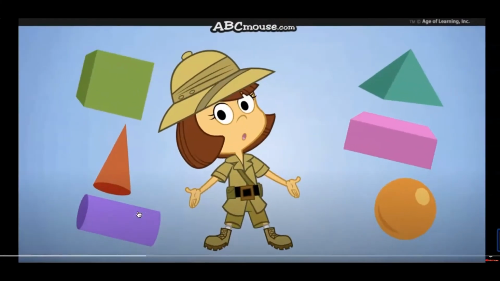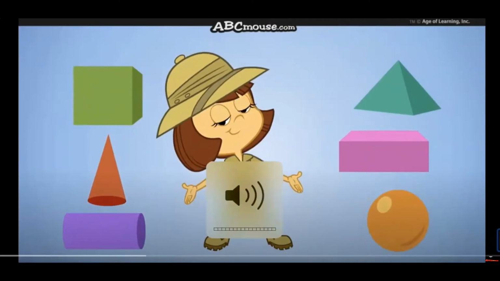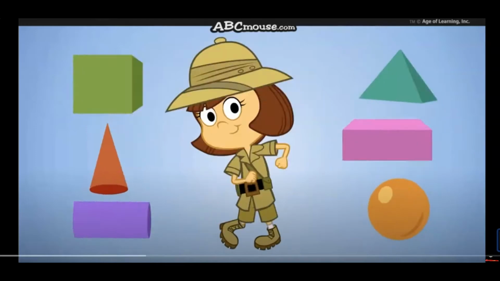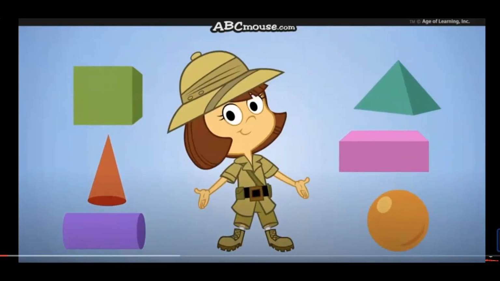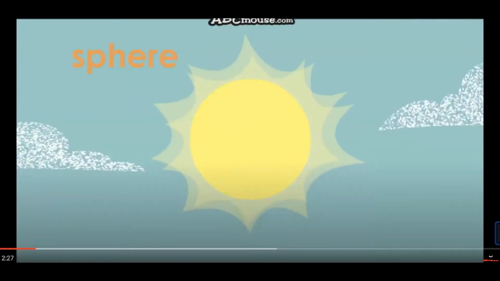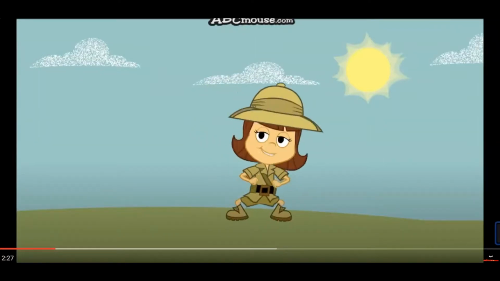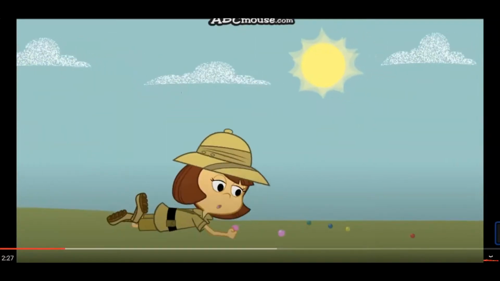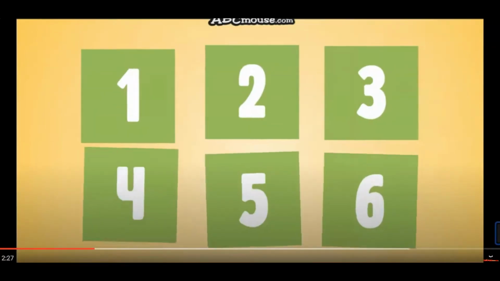Let's sing about three-dimensional shapes. No two look the same. We see these 6 shapes everywhere. Let's learn them all by name. Let's start with spheres like the Earth and the Moon and the Sun in our sky of blue. Balls are spheres that are lots of fun. Oranges and marbles are too. There are 6 sides on each cube you find, and each side is a square.